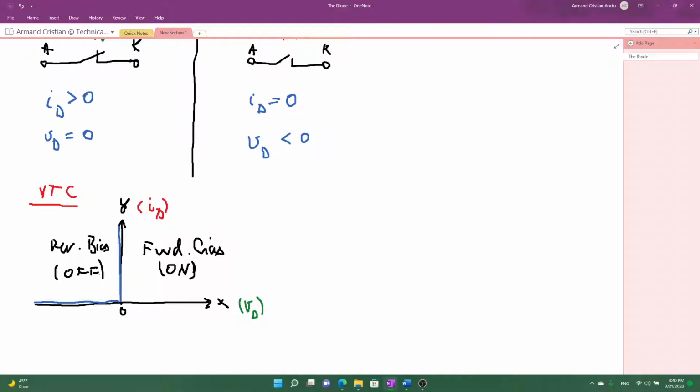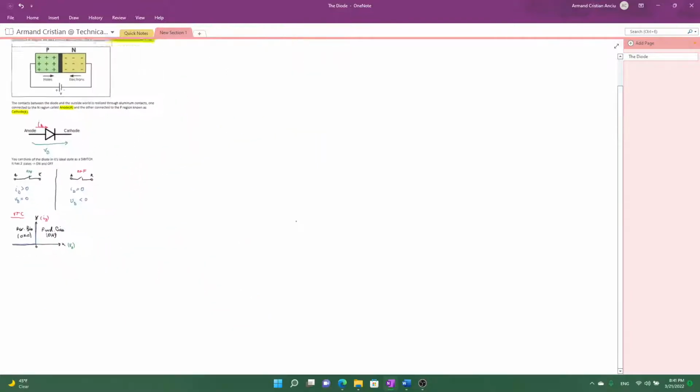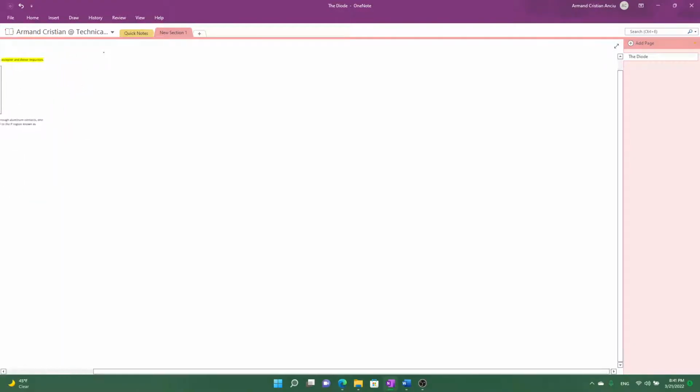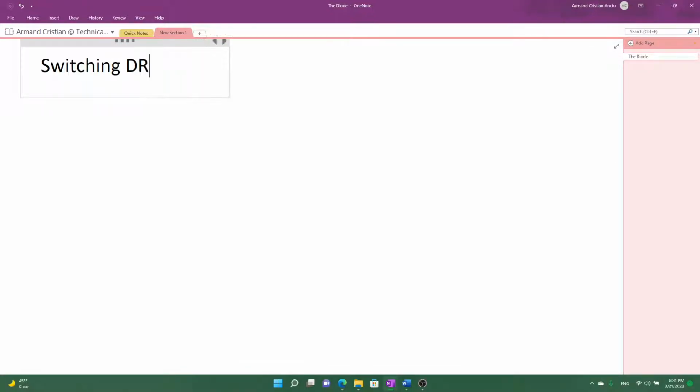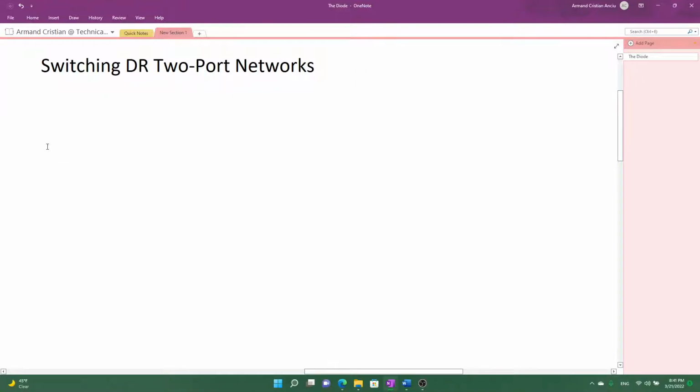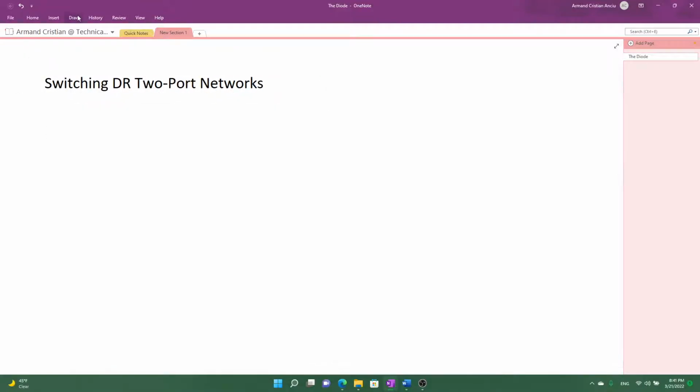And let me explain a couple of things, especially what's the deal with this VTC and why that is important. To understand more about the VTC, we have to discuss switching DR two-port networks.